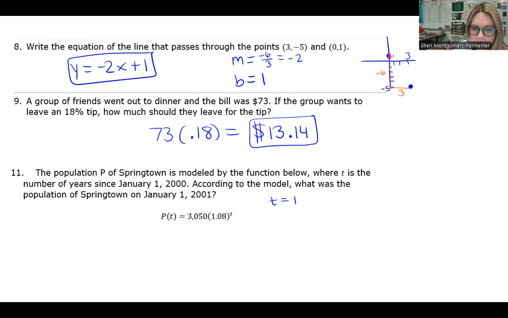So we're going to take this equation and we're going to plug in 1 for T. So that would be 3050 times 1.08, all raised to the first power. We're going to type that into our calculator and see what we get.